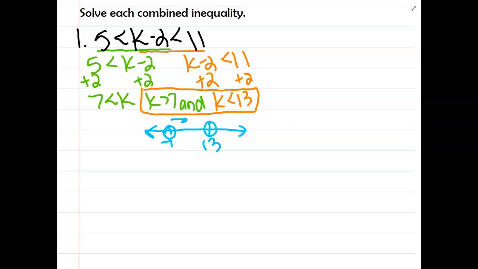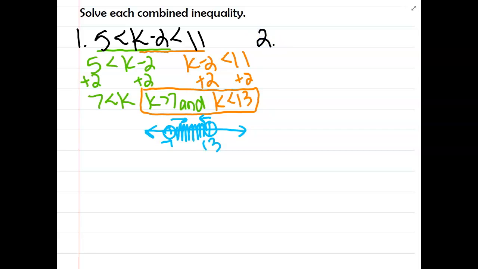Those are all the numbers greater than 7. But the numbers that are less than 13 are all the numbers to the left of 13. Now, all of those numbers go beyond 7, but if I only want the numbers that work for both, I can't go to the left of 7, because it doesn't work for the first inequality. I can't go to the right of 13, because it doesn't work for that inequality. The only numbers that work are the intersection, the place where they overlap, which would be there in the middle.